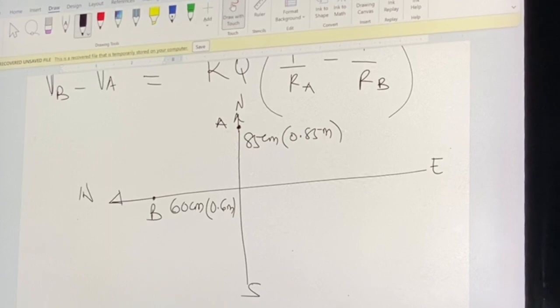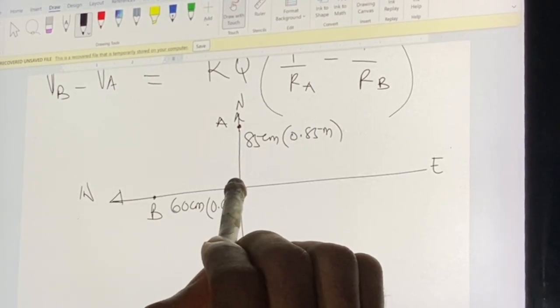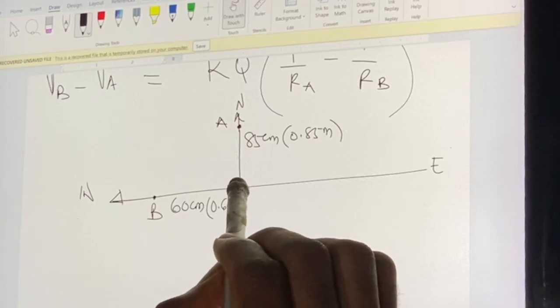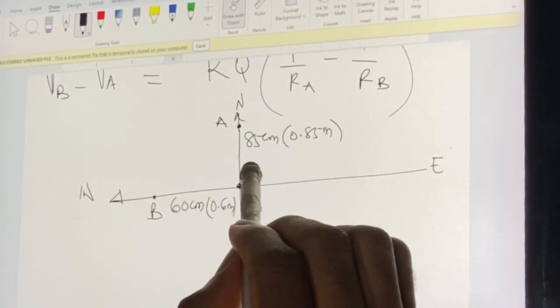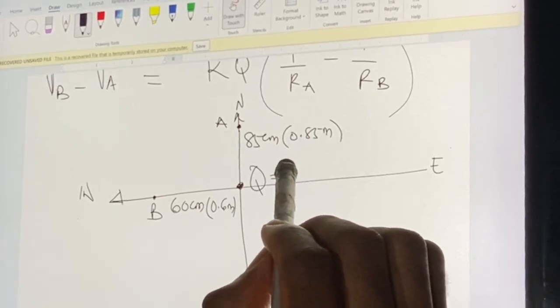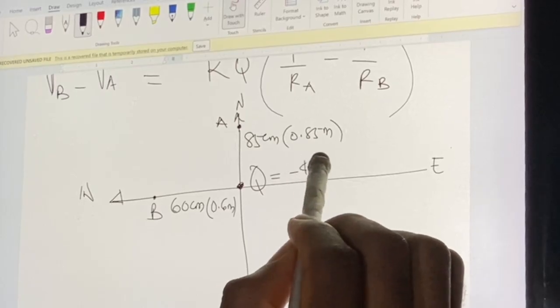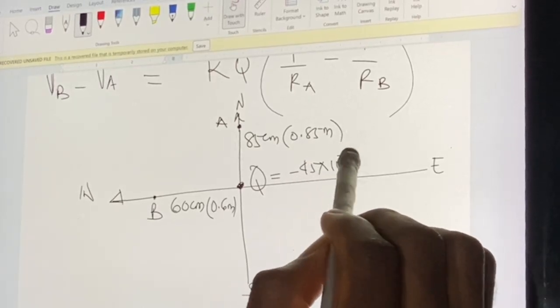So again, there's a charge at the point that is common between the west and the north. So this common charge is here, and we call this Q, and Q is given to us as minus 45 times 10 raised to the power of minus 3 coulombs.